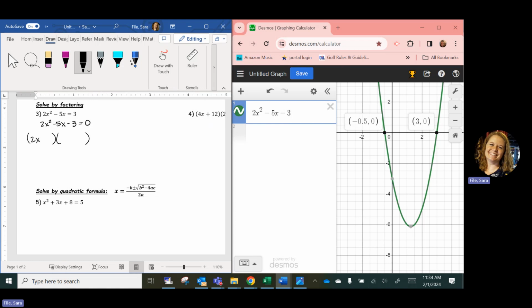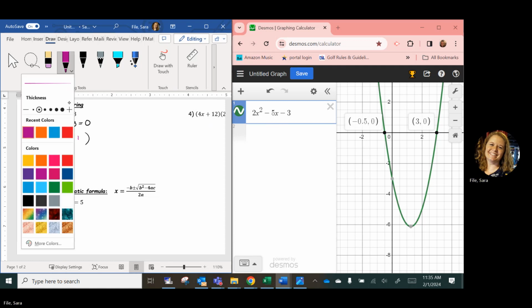So this has to be 2x and 1x. And the only factors of -3 will either be -3 and 1 or +3 and -1. That's where the guess and check comes into play. I have to guess which one, the 1 and the 3, where they go, and which one is which sign. So I'm just going to guess for now, -1 and 3.